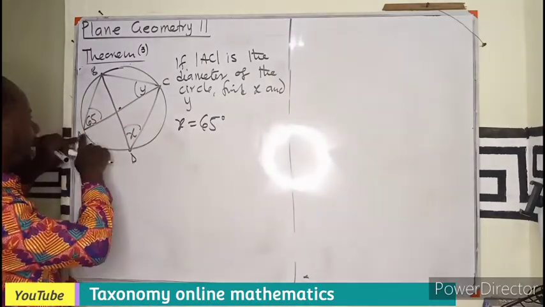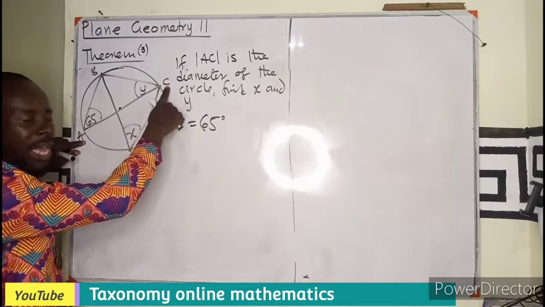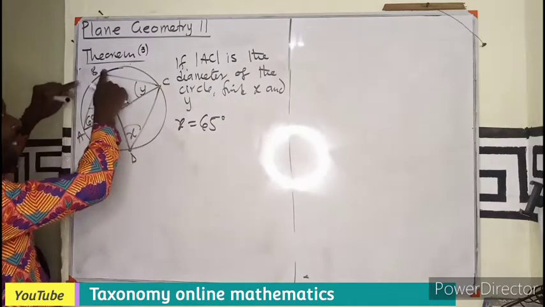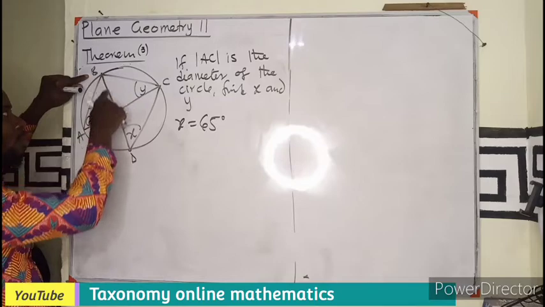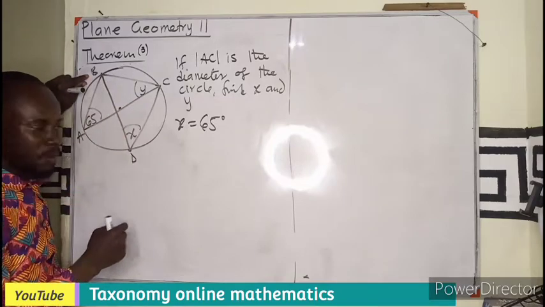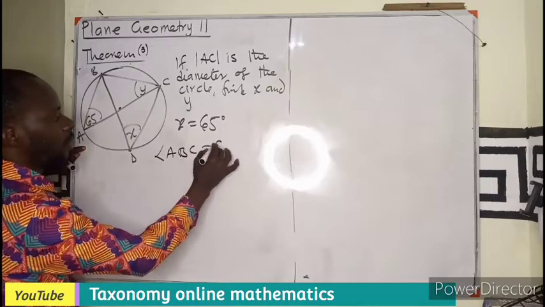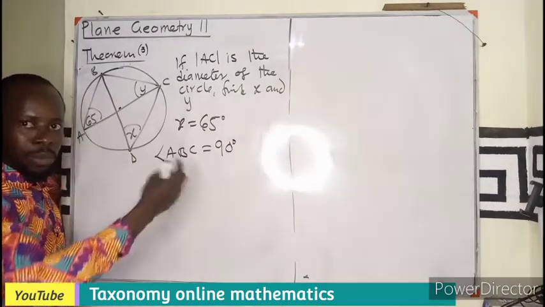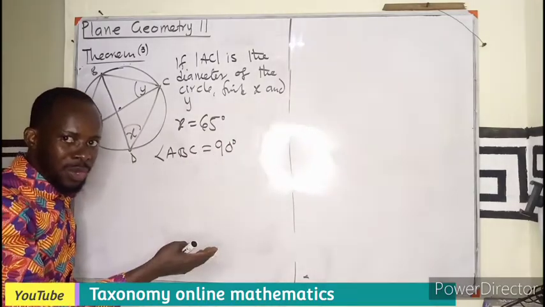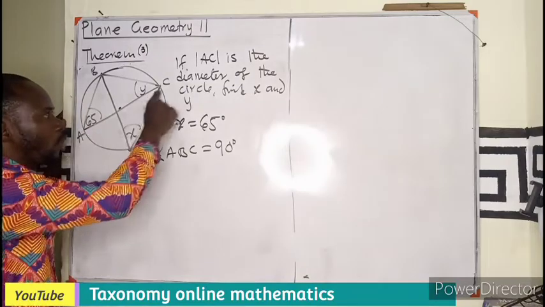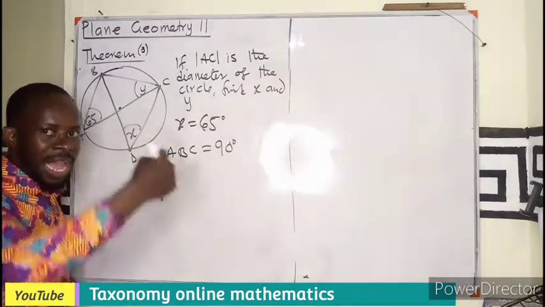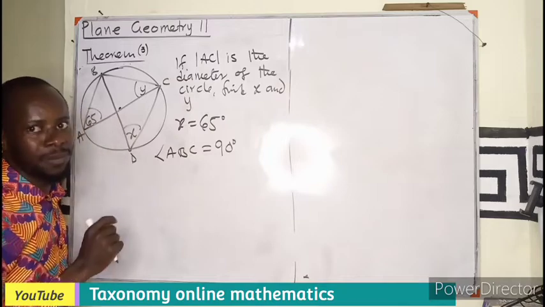Then using line AC as what? A diameter will mean that the angle at B is going to be what? 90 degrees. So I will say that angle ABC will be 90 degrees based on the theorem, which says that the angle produced by a diameter at the circumference is 90 degrees.